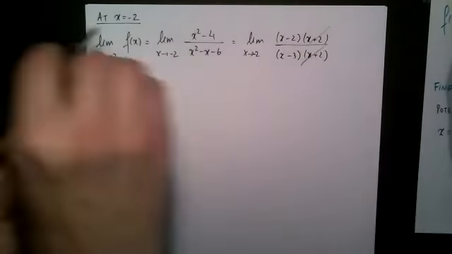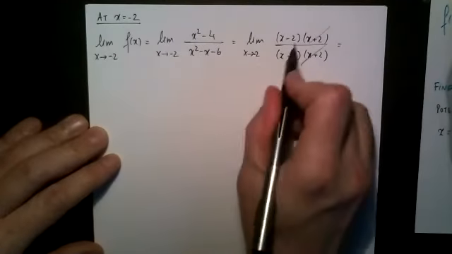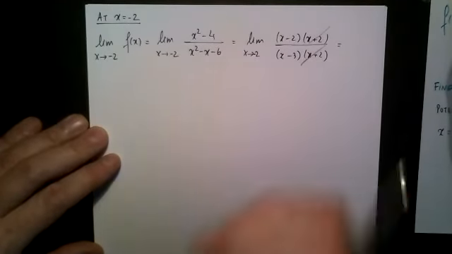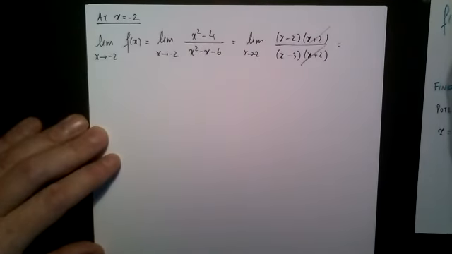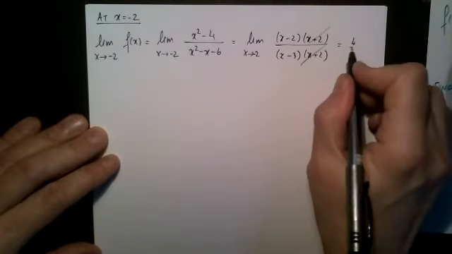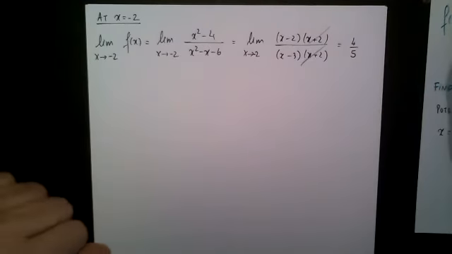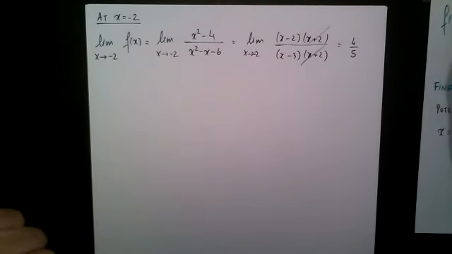Cross out the x plus 2, plug in the -2 here, I get -4 over -5, so I get 4/5. So the limit exists. Good, so it is continuous?